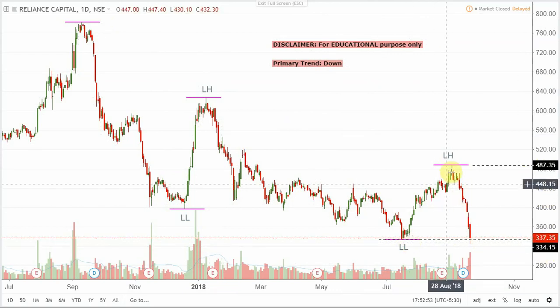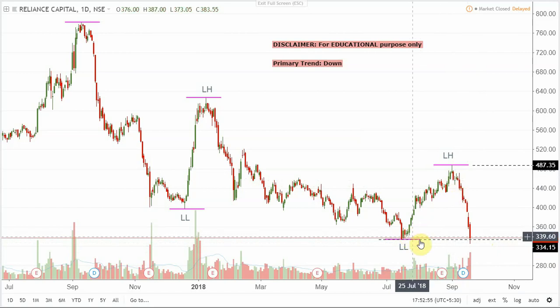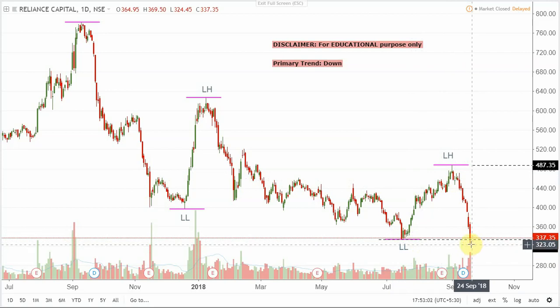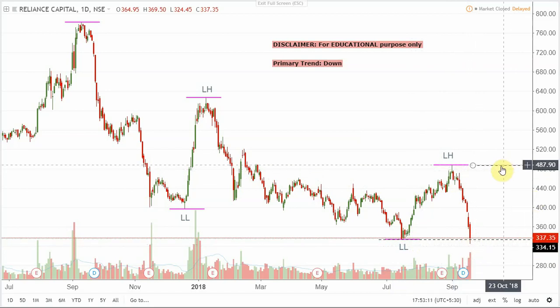Because this structure is breaking its lower low, the previous low here, we are saying that the trend is still down, and the stock requires to break this swing high of 487 to show that the uptrend has started.